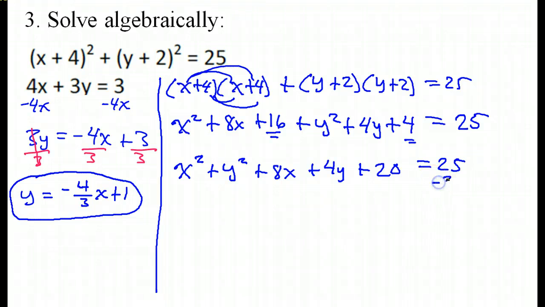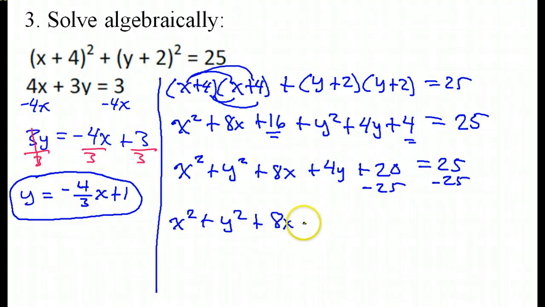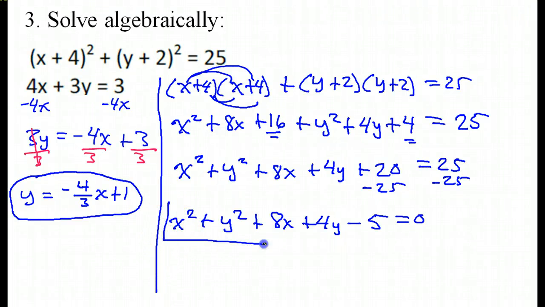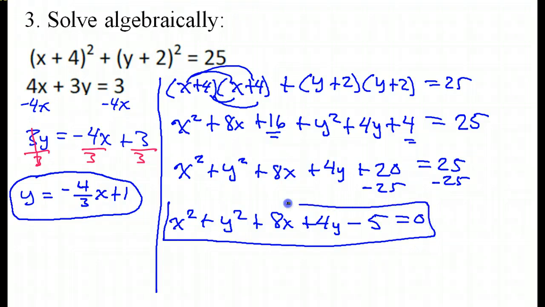Subtract 25 from both sides, and you've got x squared plus y squared plus 8x plus 4y minus 5 equals 0. So fine, this is the general form of the circle equation. So we needed that.